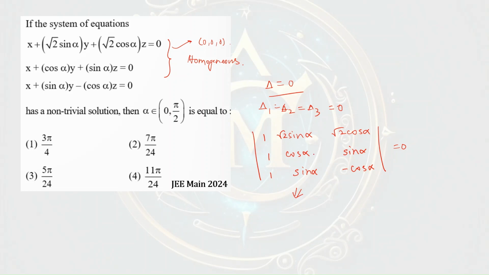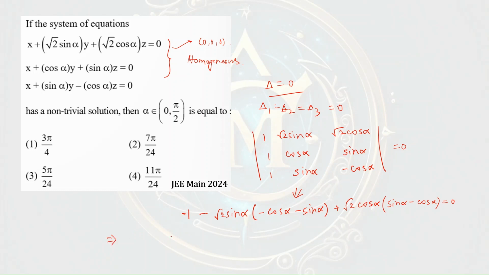Now if we expand this determinant, it becomes 1 times minus cos square alpha minus sin square alpha. So minus, if we take common, then it becomes cos square alpha plus sin square alpha. So 1 with a negative sign. That means minus 1, then minus for this element, root 2 sin alpha times minus cos alpha minus sin alpha, plus root 2 cos alpha times sin alpha minus cos alpha, equal to 0.